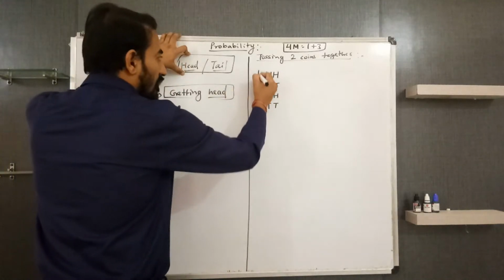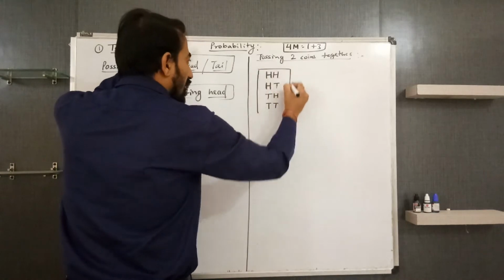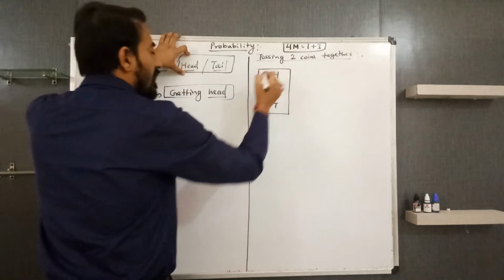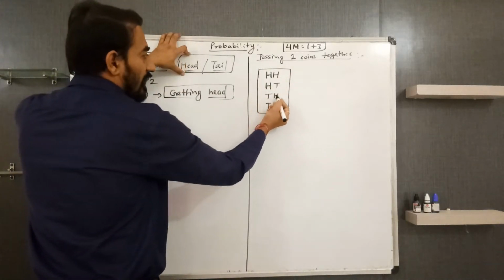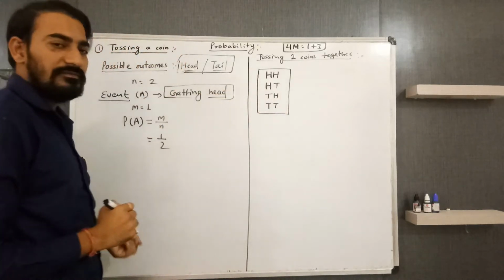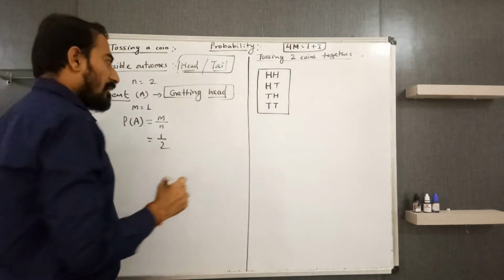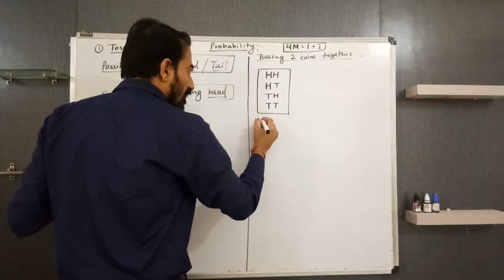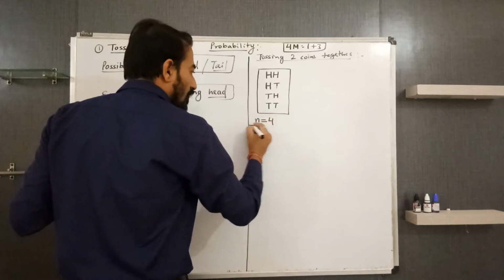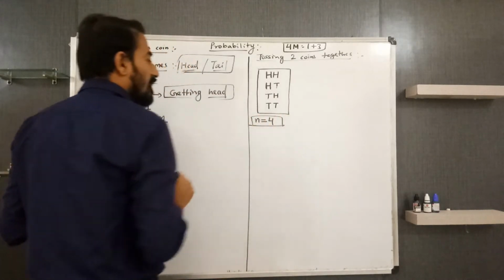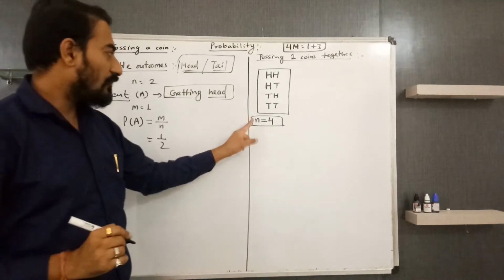So like this we will have these four possible outcomes: head head, head tail, tail head and tail tail. Now in this experiment n is equal to 4, which means the total number of outcomes is 4.